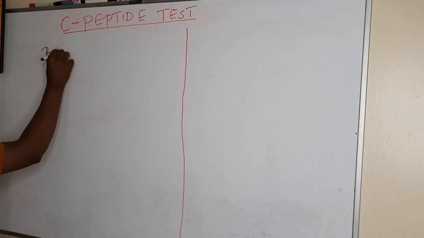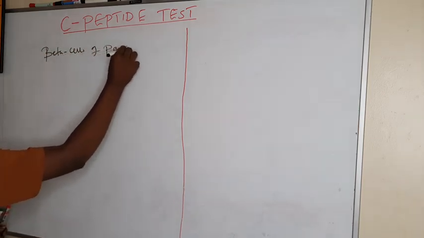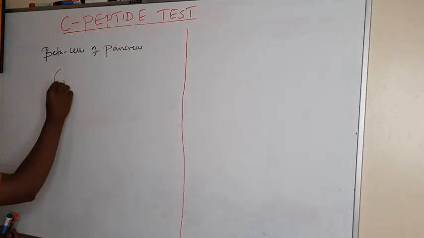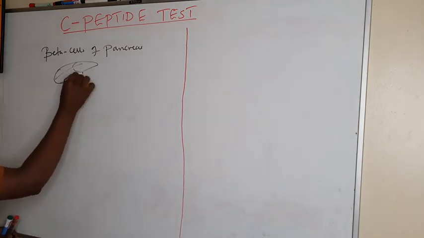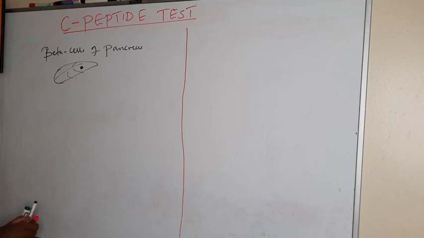of the pancreas. The pancreas contains what we call the beta cells. It has the alpha cells, the delta cells, and the beta cells.